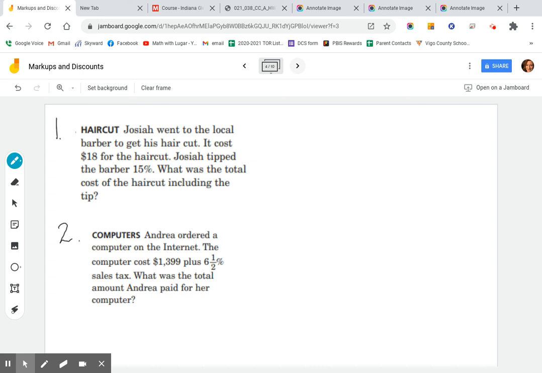So step 1, we're going to take our percent, which is 15. We're going to pick up the decimal. If you don't see it, then it's hiding at the end. We're going to scoot to the left and make that 0.15. We're going to take that times the original price of 18. So in your calculator, and we'll talk about shortcuts on this later, take 0.15 times 18, and you get 2.7.